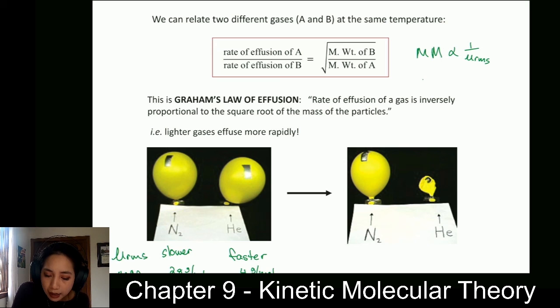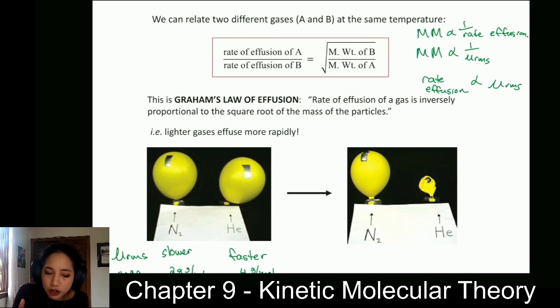Also, we can say that the rate of effusion is directly proportional to root mean squared velocity. So with these two relationships, the molar mass of our sample is also inversely proportional to its rate of effusion, and this is how we come up with Graham's law.